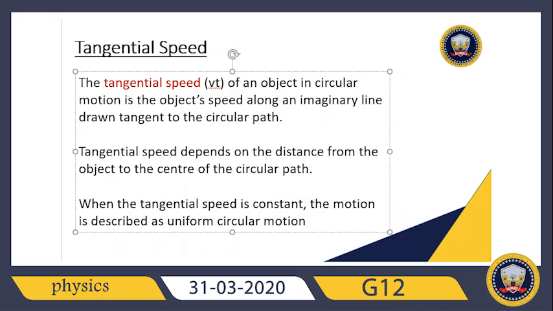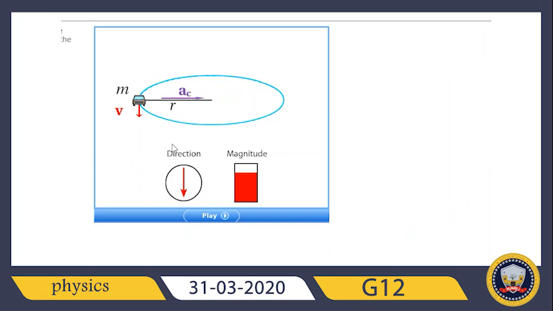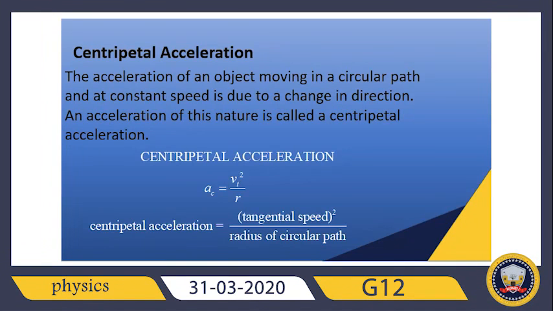But in circular motion, even if the magnitude of the speed or velocity is constant, the direction is not constant. Since we have a change in direction, we have acceleration, even if the speed is constant. This is centripetal acceleration.